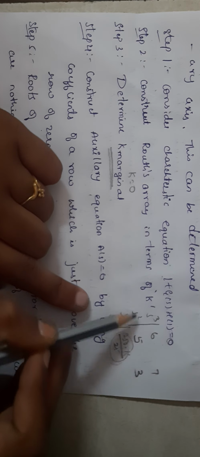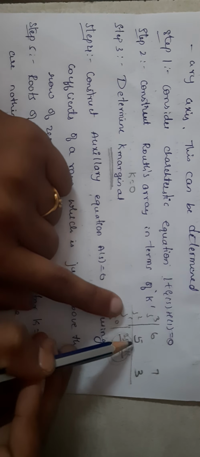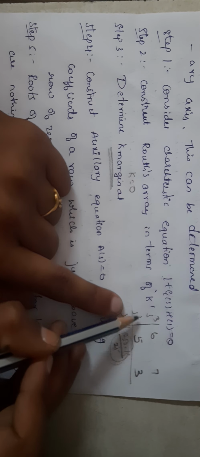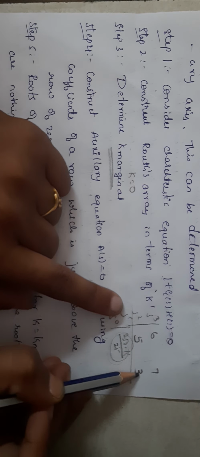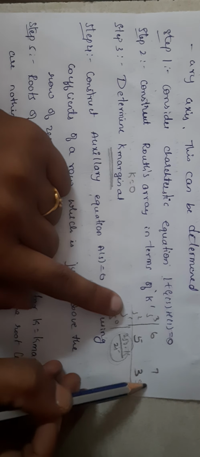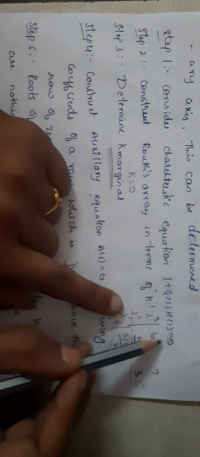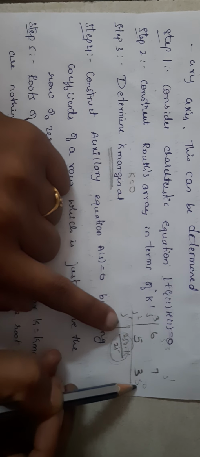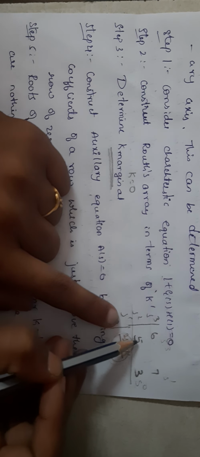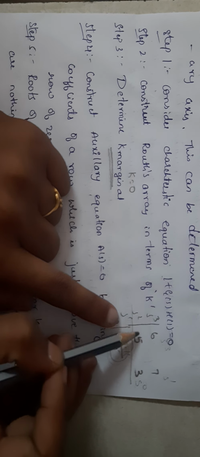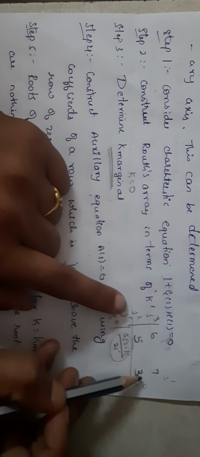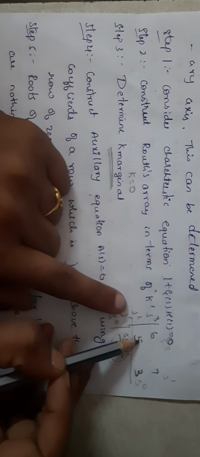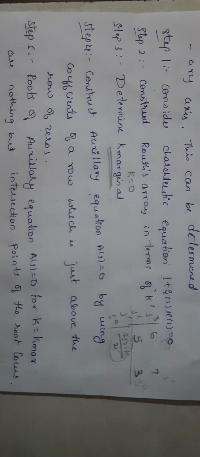See, in which row it is there? It is 5 s square plus 3. For this one s raised to 2 and s raised to 0 will be there, while s raised to 3 and s raised to 1 belong to the other rows. So the auxiliary equation is 5 s square plus 3 s raised to 0, means 1, so 5 s square plus 3 equals 0.